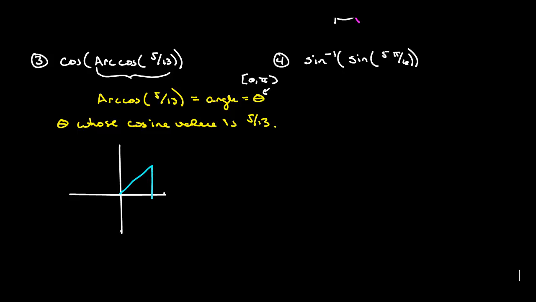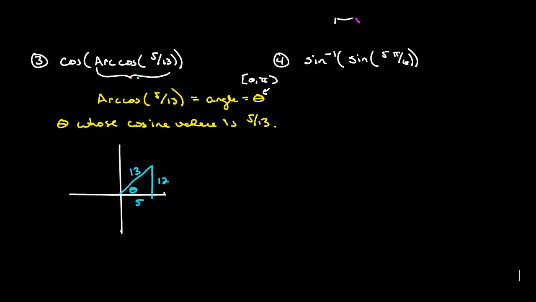I don't know what my angle is, let's just call it theta, but we do know the cosine is 5 over 13. So this is my triangle. Of course this side is 12, but we don't need it. Now we're going to use this information to answer the full question.